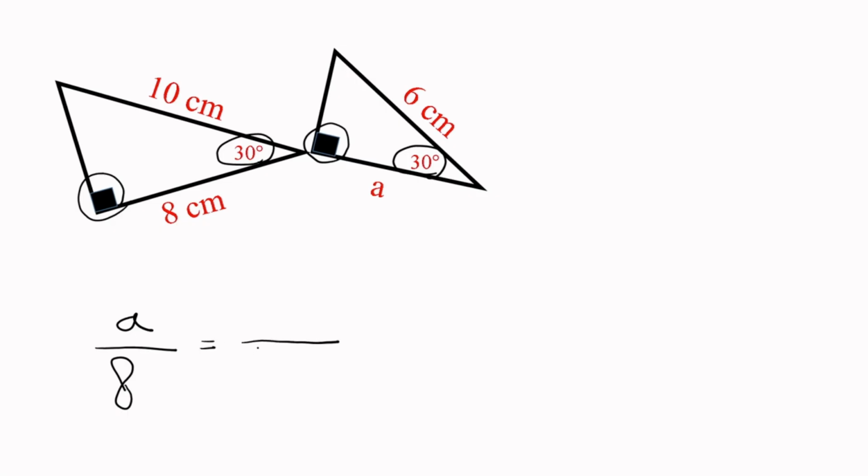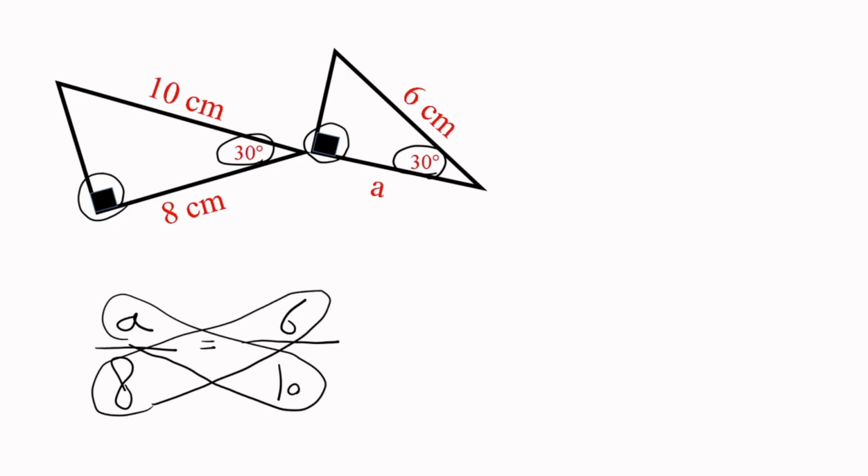I'm going to write the smaller triangle's side in the numerator, because I started with the smaller triangle in the numerator. I'm going to have 6 here, and of course, I'm going to have 10 here. Again, cross product. A times 10 is equal to 6 times 8, 48.